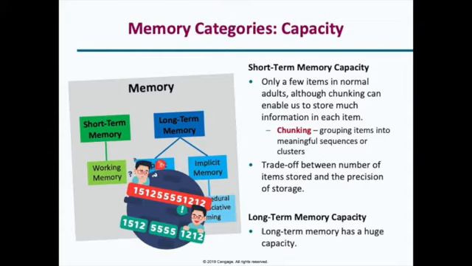But you can store more information in short-term memory by chunking, grouping items into meaningful sequences or clusters. For example, the sequence VENTYSI has 7 letters, at the limit of most people's capacity, if we're just using individual letters.